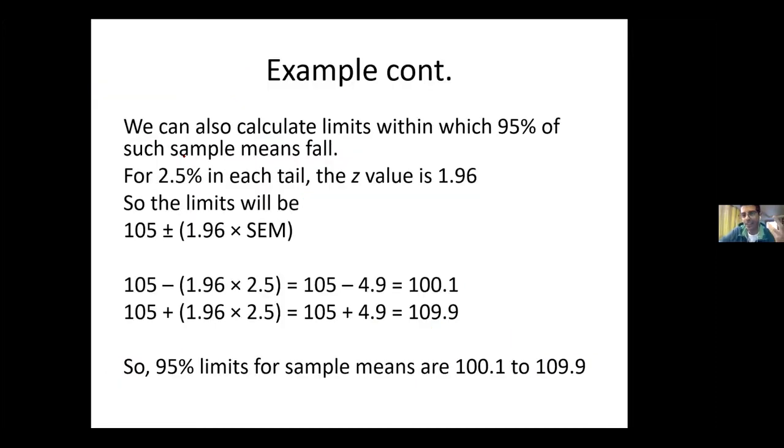Here they're explaining a new principle. They're telling you, let's say we have a mean. Let's say we have, for example, this distribution, and we have this mean here. I'm going to use the same numbers they give us. Let's say this mean was 105. And then they say, we want to know the limits.